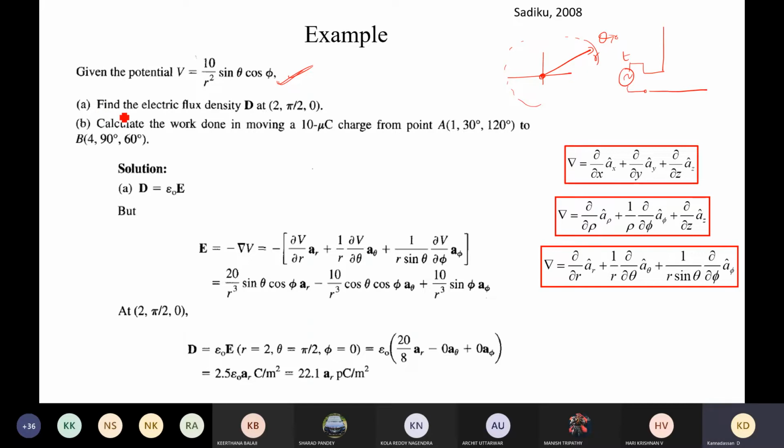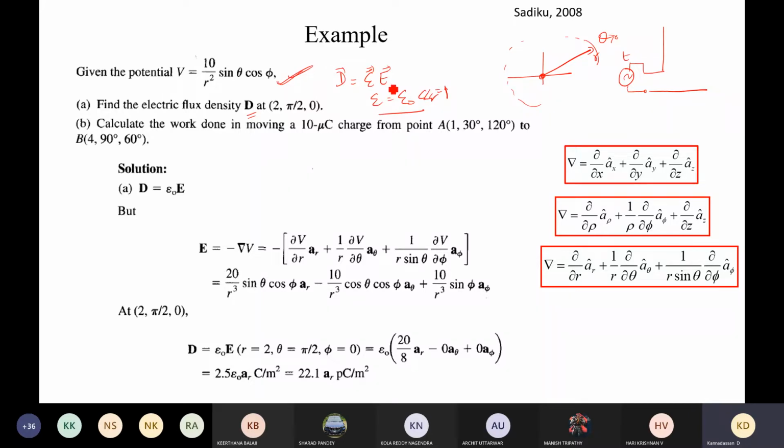Here we have to calculate the electric flux density at this particular point. We already know that D is nothing but epsilon E, where epsilon is epsilon naught epsilon r. If nothing else is given, you can assume epsilon r equal to 1, and therefore epsilon equals epsilon naught itself.